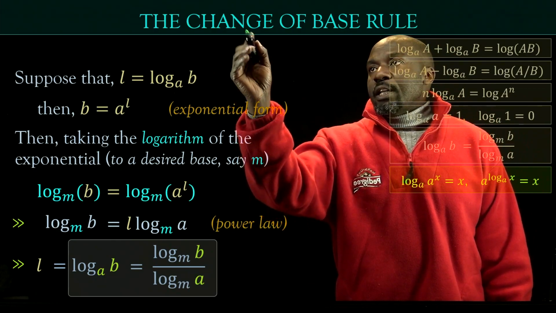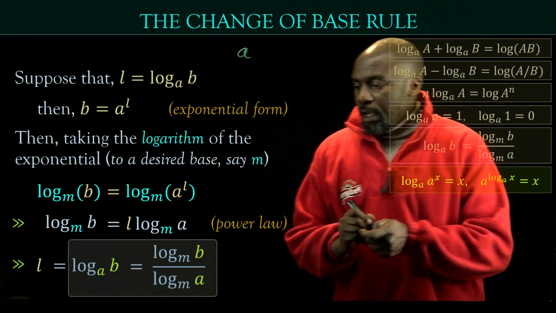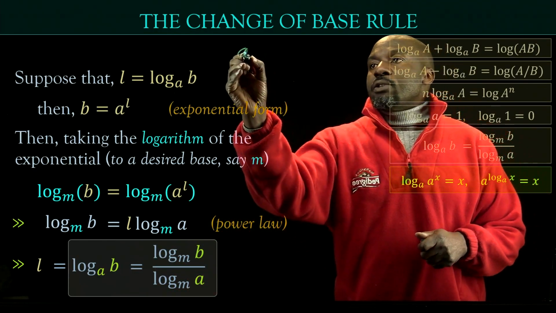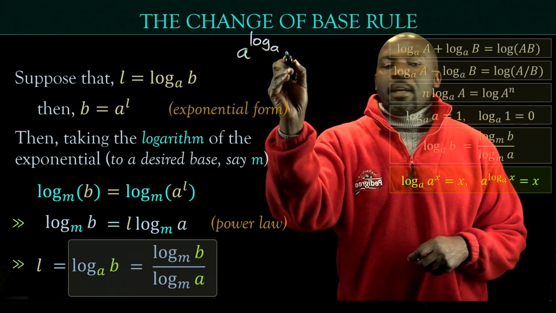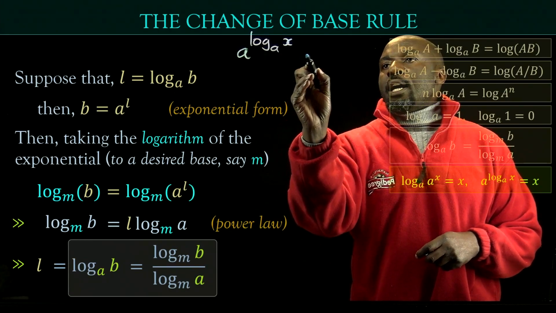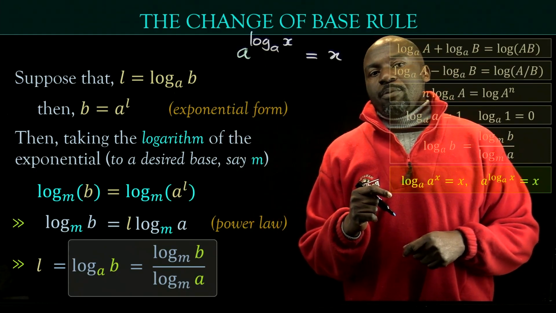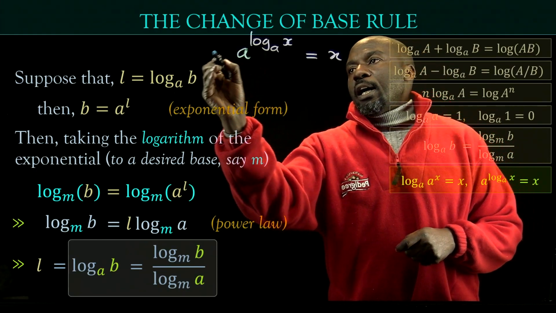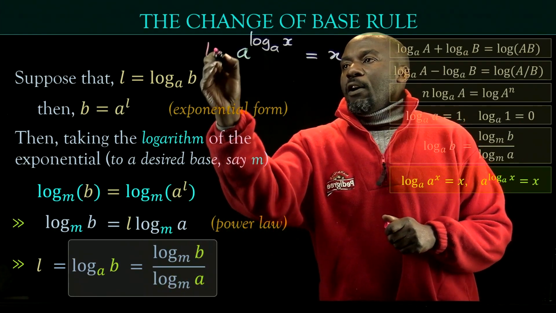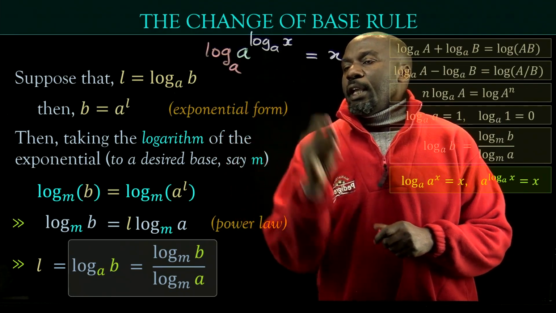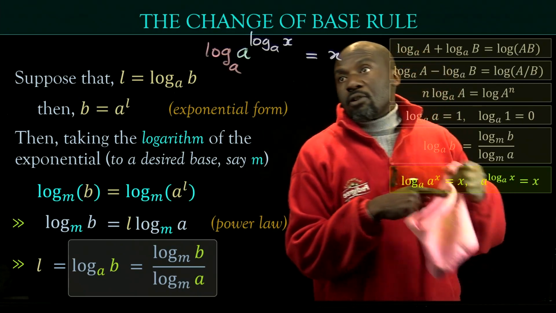So if I have a to the power of log to base a of x, and let's say it is equal to x, I can take log to base a of that side, and if I do that, then I also have to take the log to base a of this side.